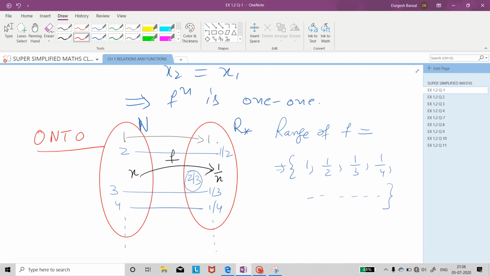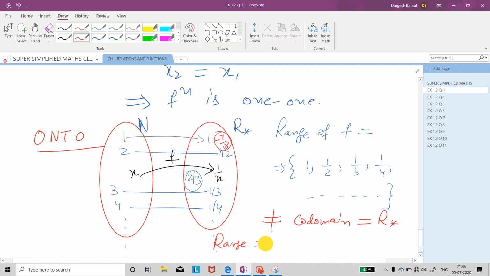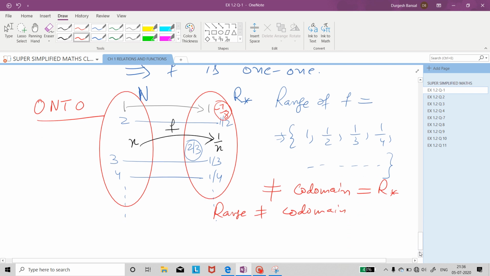Minus 7/8 is there in the codomain set, but it is not the image of any natural number. There are infinitely many such numbers which are not the reciprocals of any natural numbers. So the range is not equal to the codomain, which is nothing but R star. Codomain is R star, but range and codomain were not equal, and this is enough to show that the function is not onto.